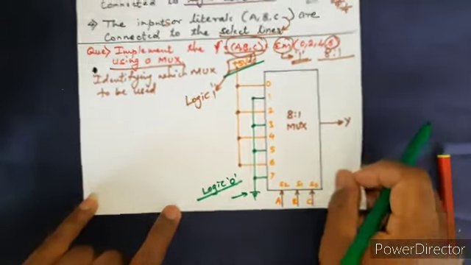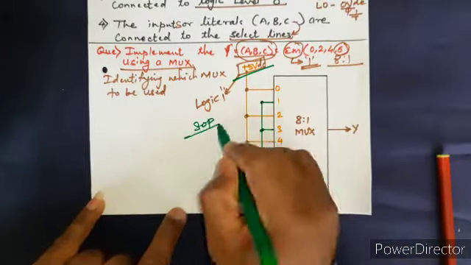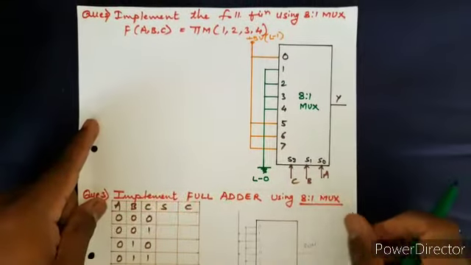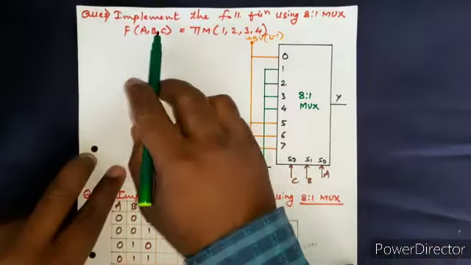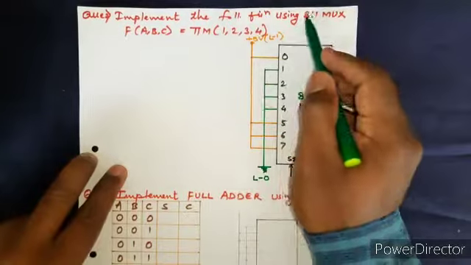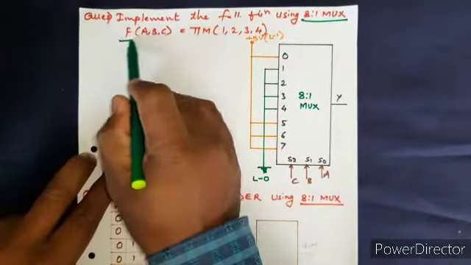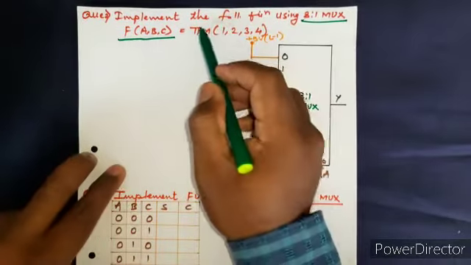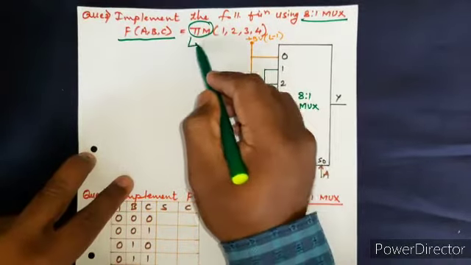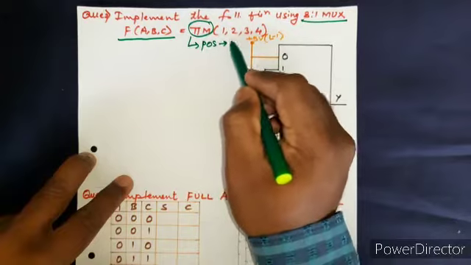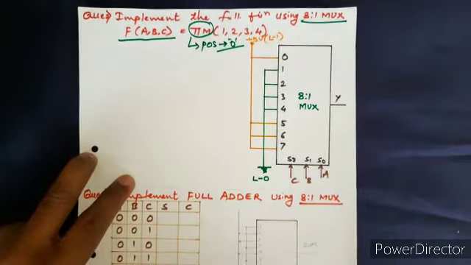Okay, this we have talked about SOP. Consider another example. Now here implement the following function using 8:1 mux. In the equation you can see it is ABC. Now capital pi m means POS, which corresponds to binary 0.